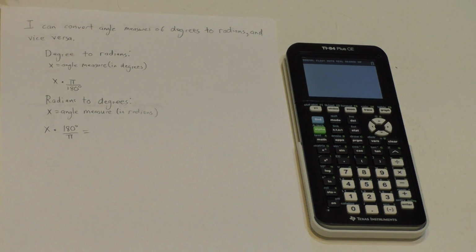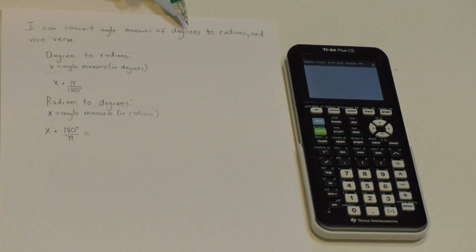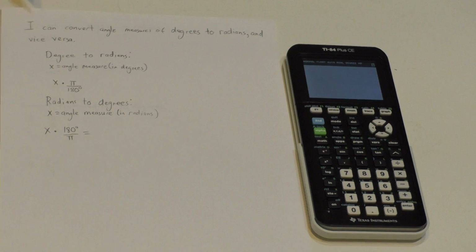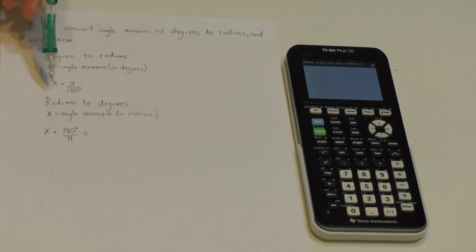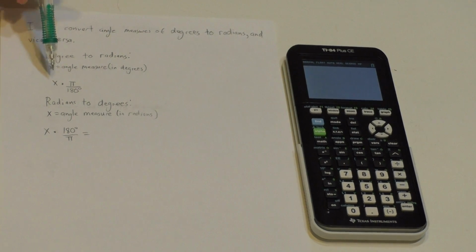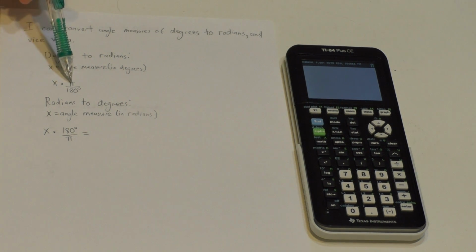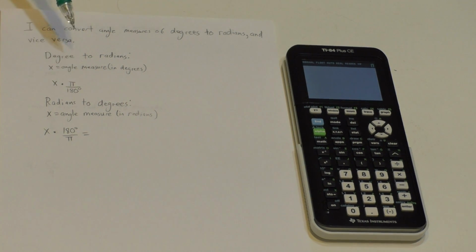I'm going to show you guys how you can convert angle measures, measured in degrees, to radians and then vice versa. So degrees to radians and then radians to degrees. So we've got a couple nice formulas here. One where you take the degree measure of an angle and multiply it by pi over 180, okay?